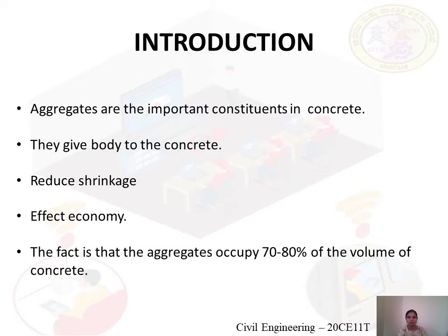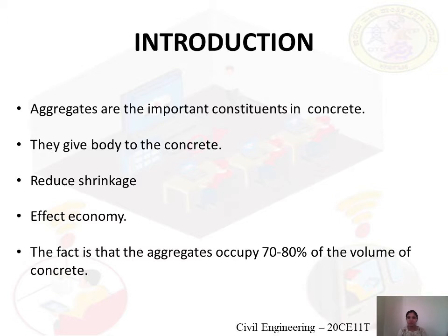Next we will move on to study the aggregates. It is very important for us because aggregates make up between 70 to 80% of the volume of normal concrete. These aggregates are mixed with binding material, which may be cement or lime.